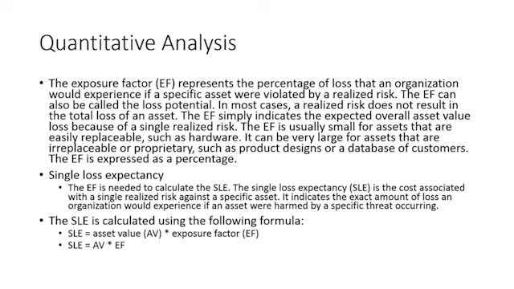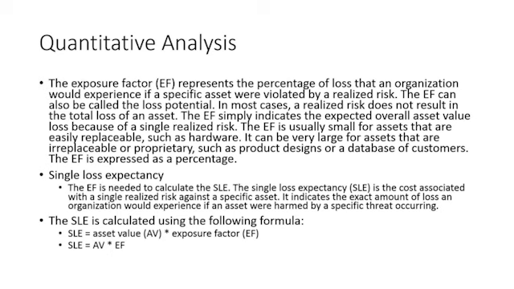Now, something else we need to know about is called the SLE, single loss expectancy. And that's how much we expect to lose per time, per loss. So the EF is needed to calculate the SLE. The exposure factor is needed to get our single loss expectancy. Again, SLE is the cost associated with a single realized risk against a specific asset, something that's worth something.